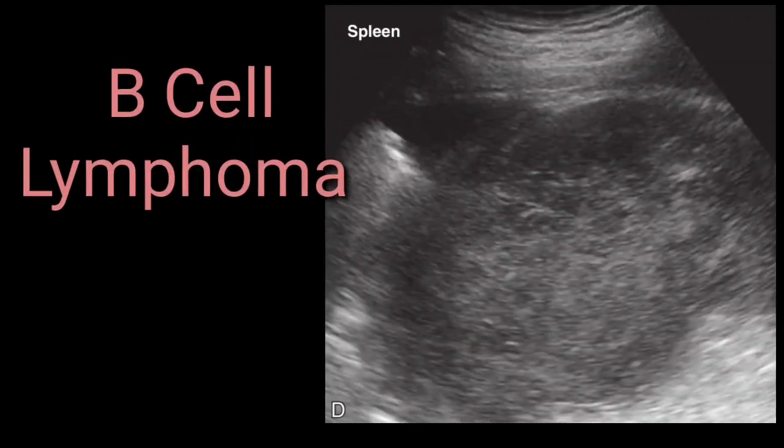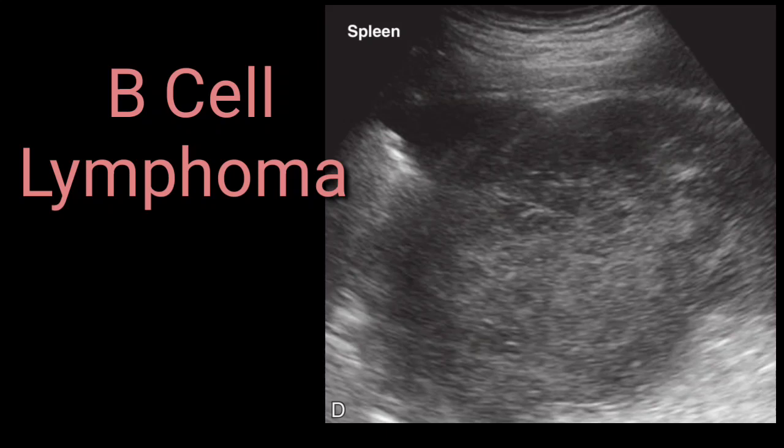So you have seen all types of lymphoma presentation. It could be small in size, it could be multiple, it may be numerous, it might involve all the splenic region, it might involve only one part of the spleen. Here in this slide you can see this is also B cell lymphoma, and here the superior part of the splenic region is involved.